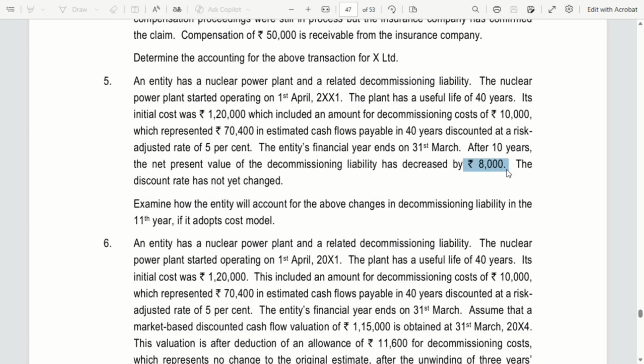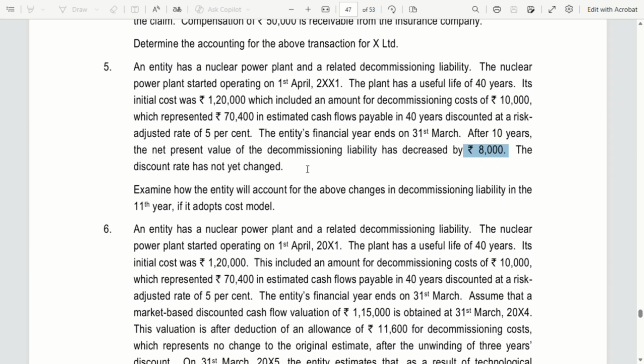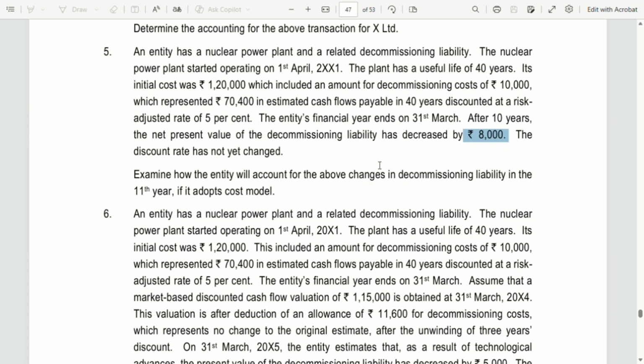So what will we do? First we will calculate the carrying value after 10 years, okay, and in it we will first calculate the value of the decommissioning liability up to 10 years, then we will decrease the liability by 8,000. Examine how the entity will account for the above changes in decommissioning liability in the 11th year if it adopts the cost model.